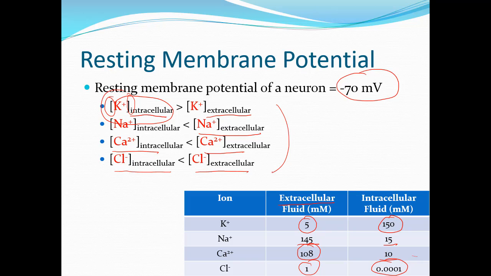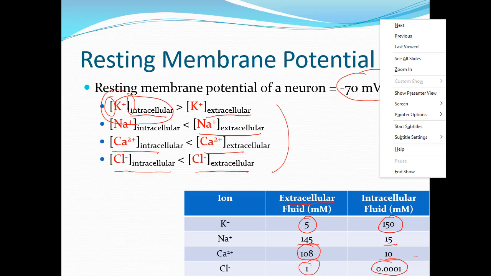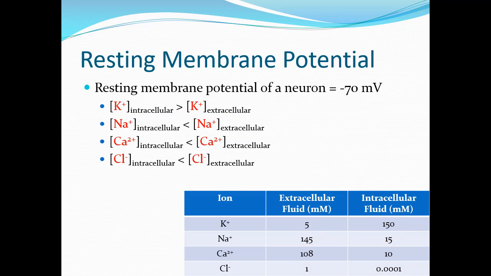I don't know if you know this, but things like to go from higher concentration to lower concentration, meaning that if there is some kind of channel or protein that will allow these ions to pass across the plasma membrane, the ions will want to go from higher concentration to lower concentration. So for example, potassium is more concentrated on the inside compared to the outside. If a channel opens, potassium will want to go from in to out of the cell.